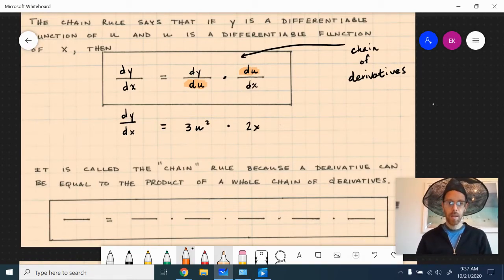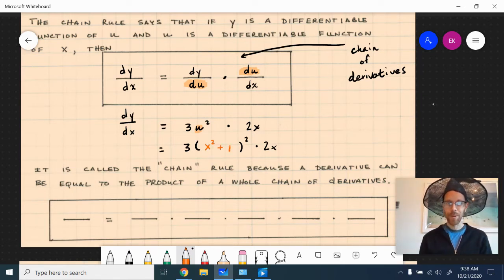And recall that u is defined as something else. So I'm going to rewrite this expression. I'm going to leave a space for u. And let's recall that u was originally x squared plus 1.